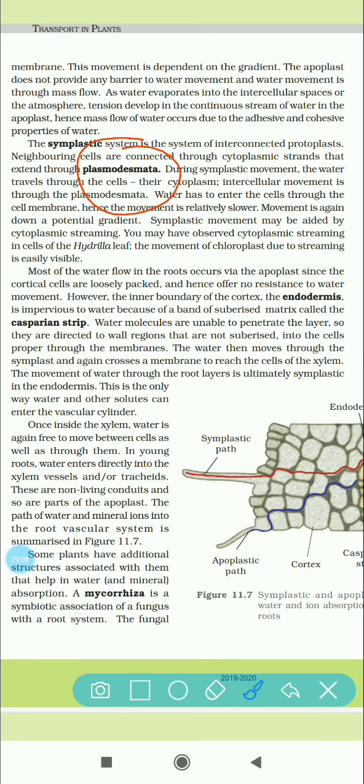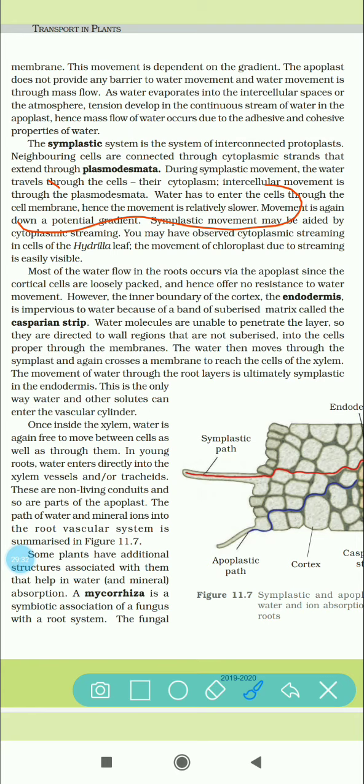So in the symplast, water will travel through the cytoplasm, and the intercellular movement, that is movement between the cells, will be through plasmodesmata. As water enters inside the cell through the cell membrane, the movement is slow, and it is also as per the potential gradient.